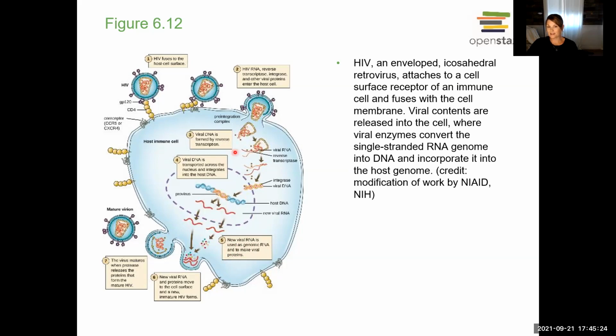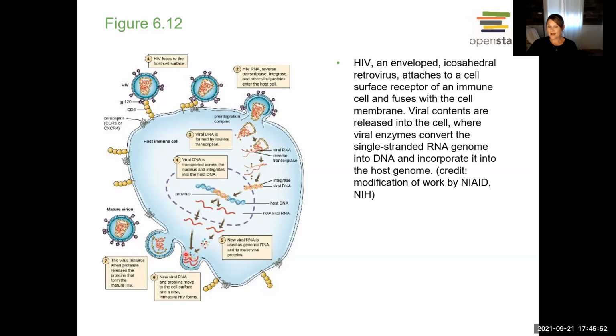So it's making the same stuff it came in with, but it's using the host machinery to do that. Okay, so new viral RNA is used as genomic RNA and used to make viral proteins. So now you have the viral RNA that just got made from its DNA. That's crazy. And now it leaves the nucleus, and then it's going to translate that RNA to make viral proteins.